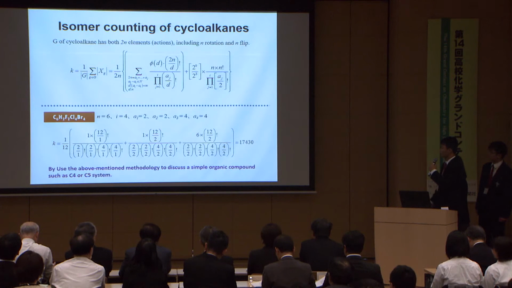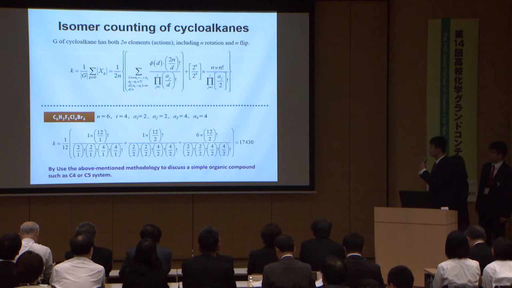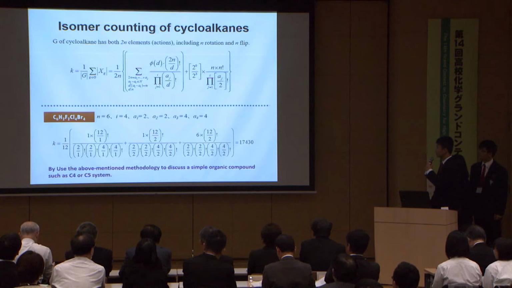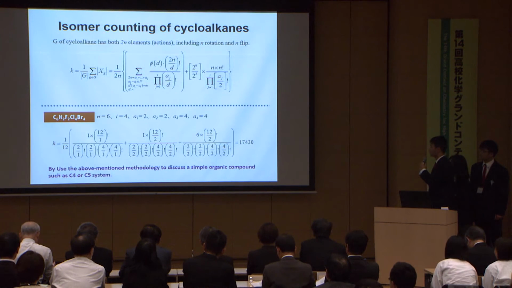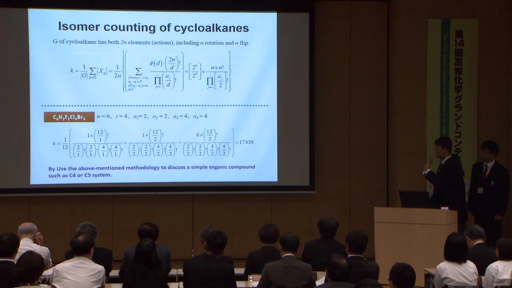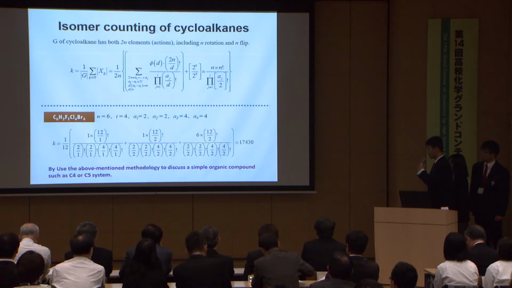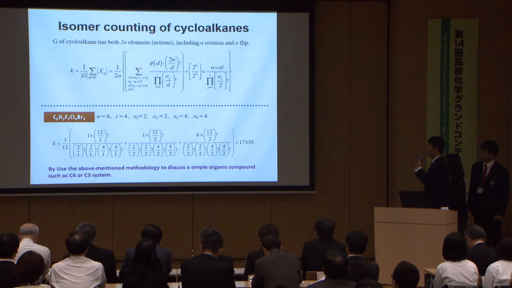We calculate the summation of the orders of S_g, then divide the summation by the order of G. It is the number of equivalence classes, and it is also the number of isomers.